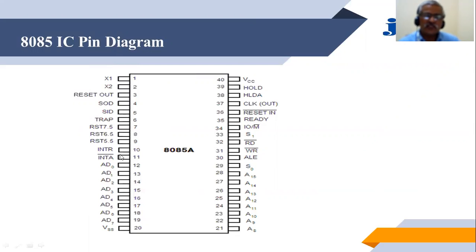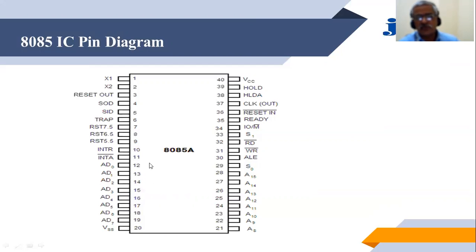In the 8085, as you can see, pin number 12 to pin number 19, the signals are named AD, that is AD0 to AD7. A stands for address and D for data. That means these pins are internally used in multiplex mode for the address and the data.